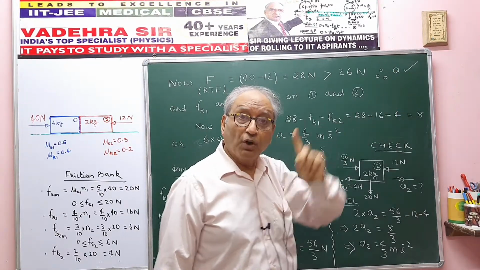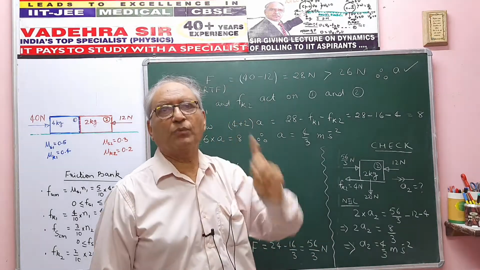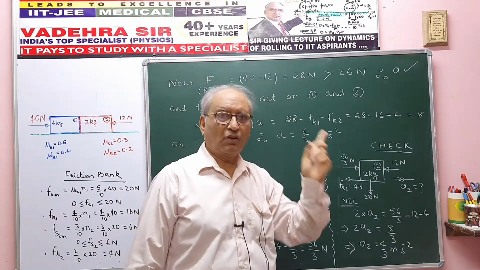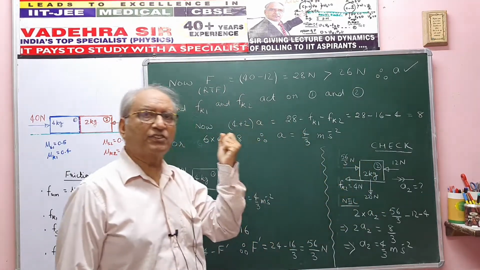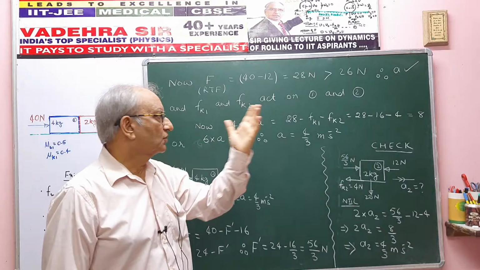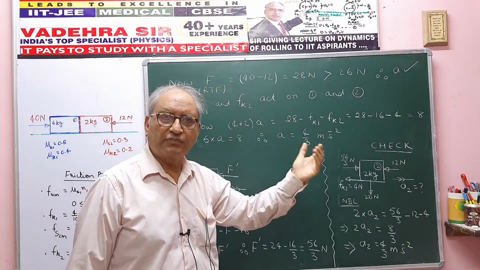On both the blocks, kinetic friction will act: Fk1 on the first block and Fk2 on the second block, and both kinetic frictions will act to the left. So first of all, let us find a.